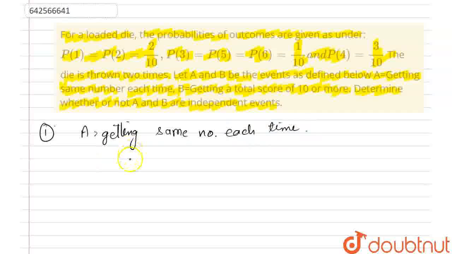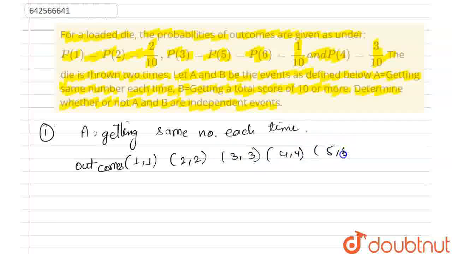First case, let A be getting the same number each time. Getting the same number, the outcomes will be 1,1, 2,2, 3,3, 4,4, 5,5, and 6,6, because the die is thrown two times.